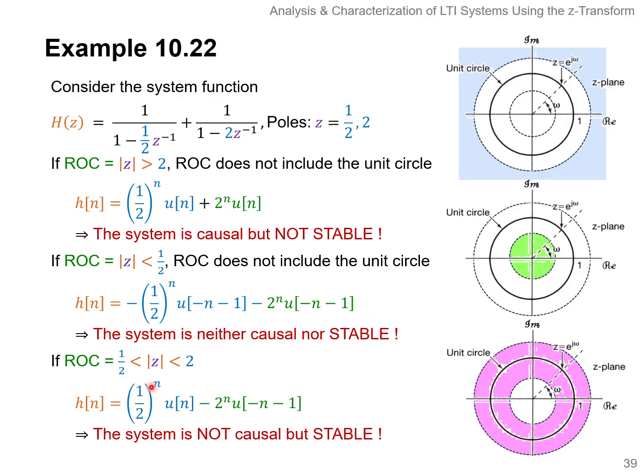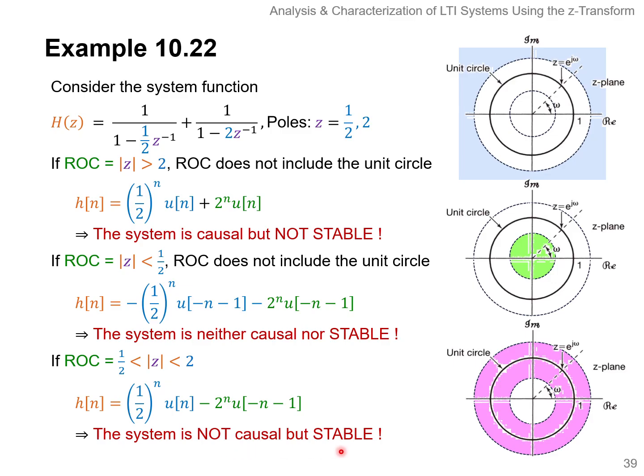Third case, if the ROC lies between the two poles, between 1/2 and 2, this ROC does include the unit circle, so the system is stable. But the impulse response is two-sided, so the system is not causal.